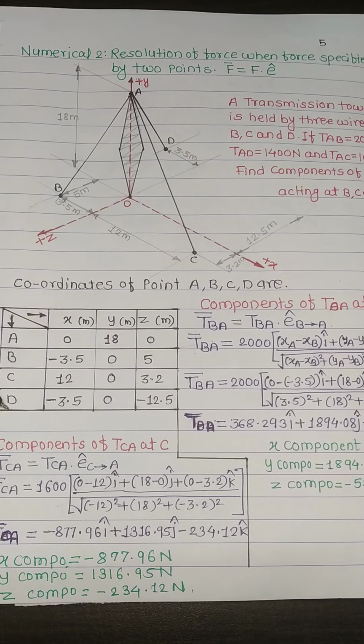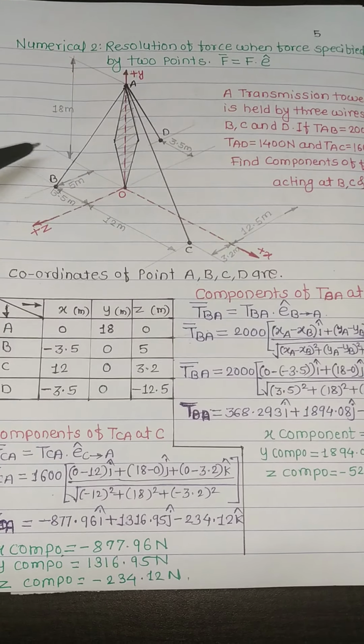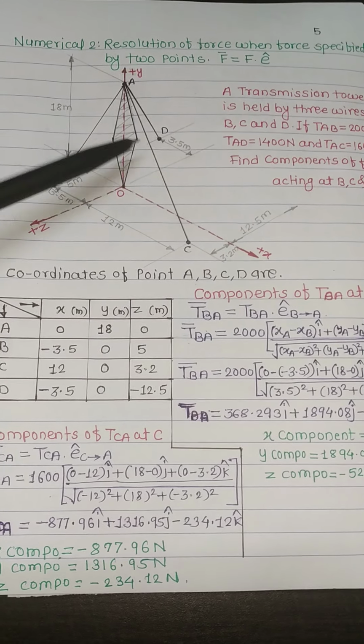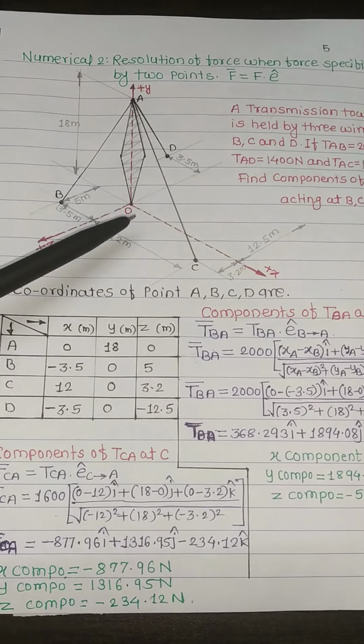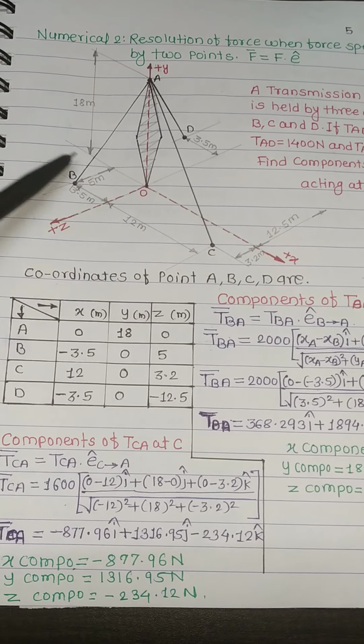Then the coordinates of D, it is defined in negative z and negative x plane. So the y coordinate will be 0 and the x coordinate will be parallel to this x axis.